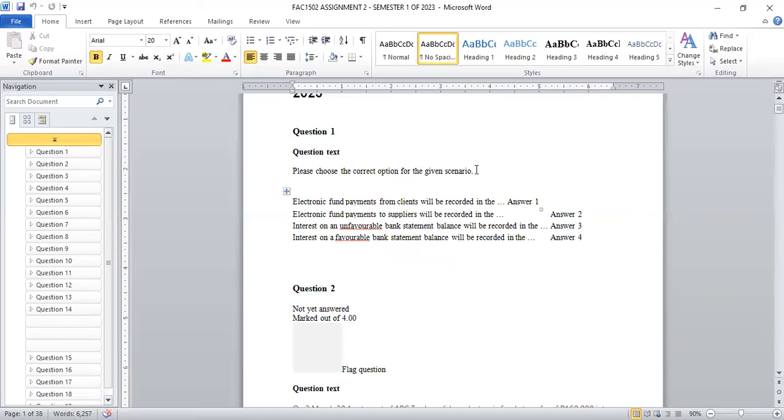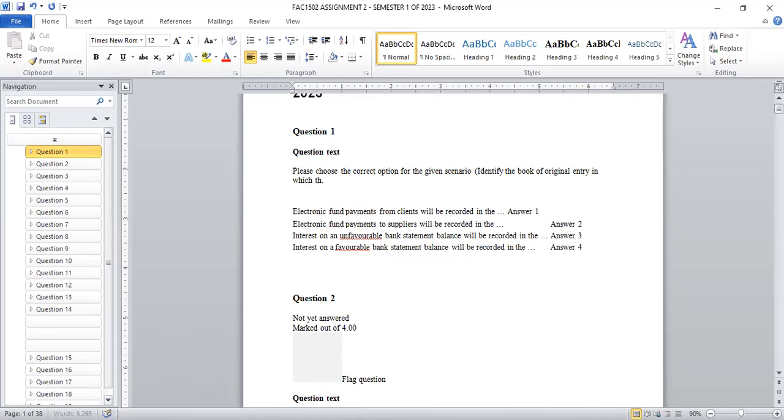So this question actually required you to identify the book of original entry in which the transaction could be recorded.